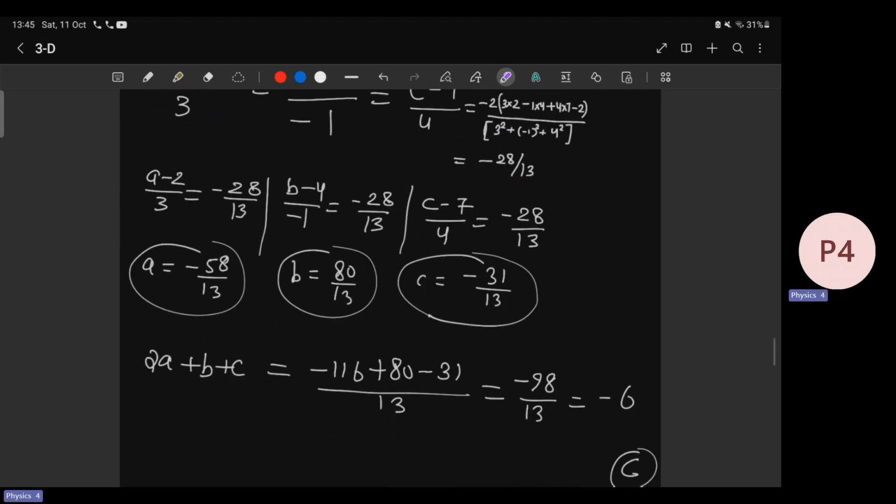All right. So in the question, they are asking us to find out the value of 2A plus B plus 2C.